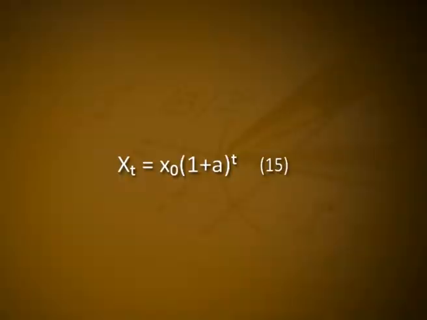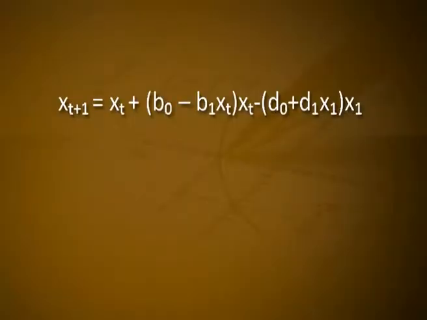This has the solution x_t = x_0(1 + a)^t, so that the population increases or decreases exponentially according as a > 0 or a < 0.